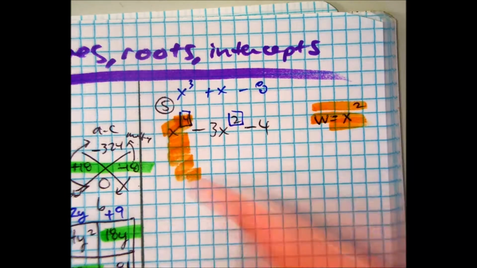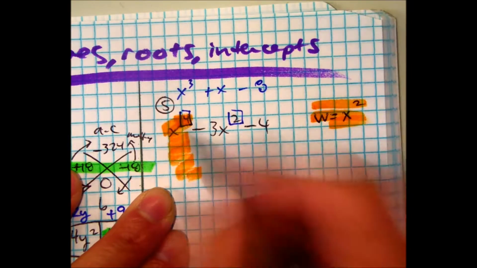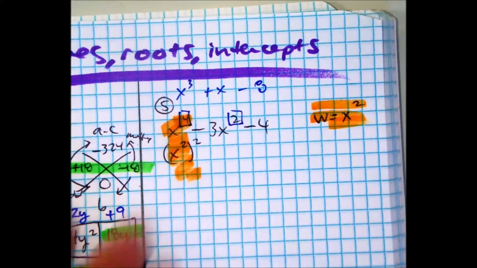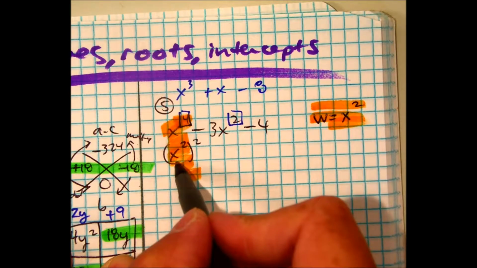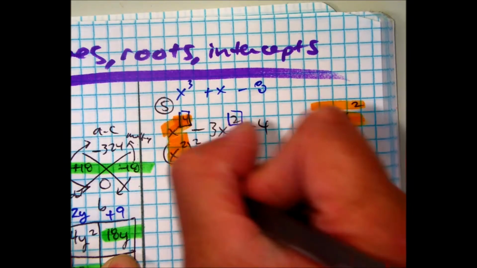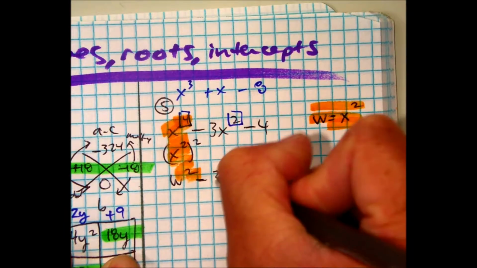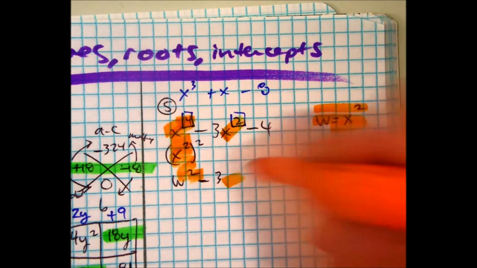So here, instead of me saying x to the 4th, I can say this is x squared squared. Do you guys agree? Yeah? So x squared is w squared, minus 3 times what? Now there's the w.